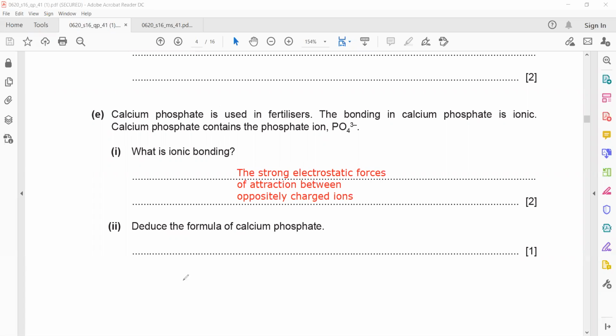So calcium phosphate, calcium is group 2, it's +2. And phosphate is PO4. The valency is given as 3 minus or -3. When valencies are not the same, you cross multiply.